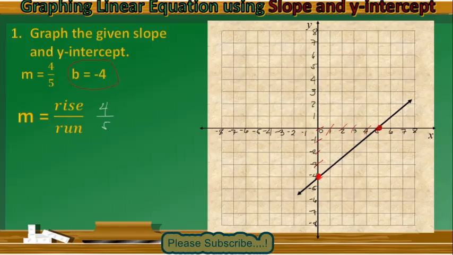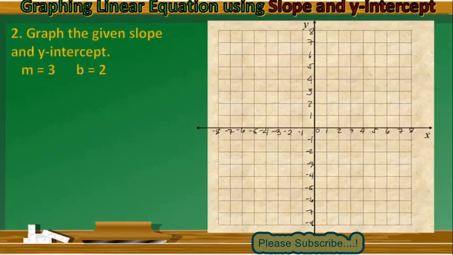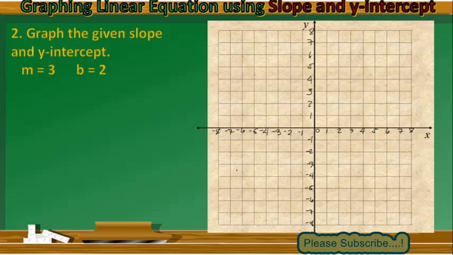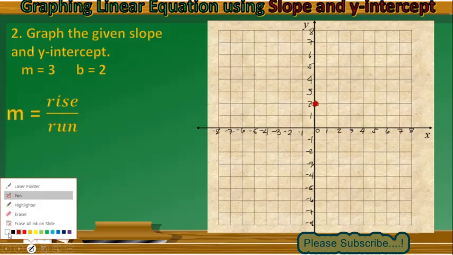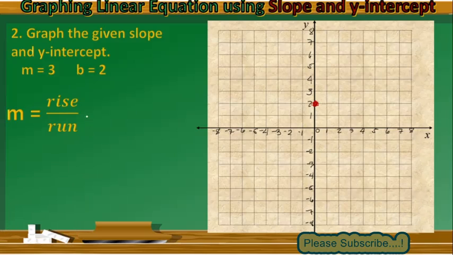That is the graph of the given slope 4 over 5 and y-intercept negative 4. The second one: our slope is 3 and our y-intercept is 2. So we must plot our y-intercept 2, this one. Then in our formula rise over run, our rise is 3, then our run is 1.